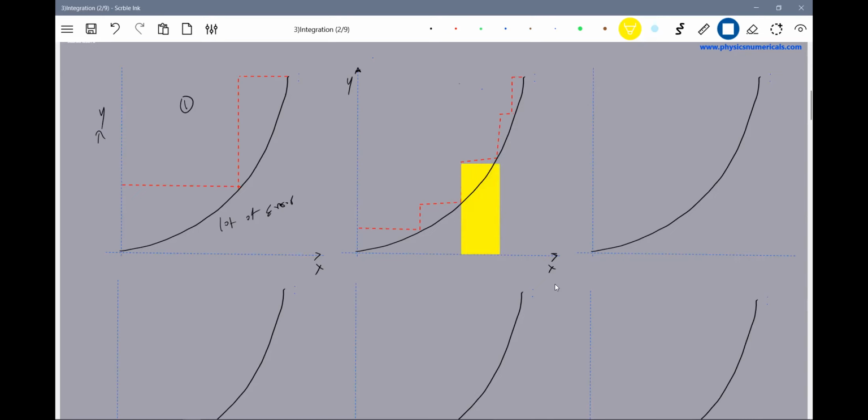This is the step we have picked up here. Earlier it was a very big step. Now it is delta x, the width of the step. I'll further decrease the width of the step.